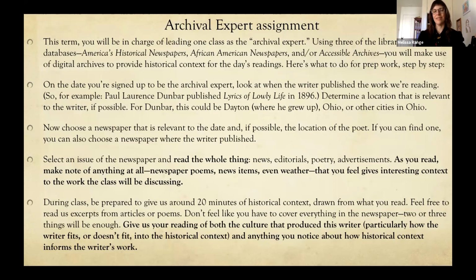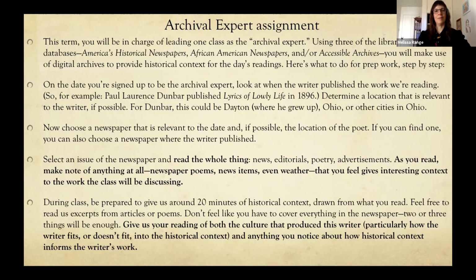So obviously I would tell the student first, try to find a newspaper, a Black newspaper from 1896. And then if possible, determine a location that's relevant to the writer. So Dunbar grew up in Dayton, Ohio, and we'll see that what has been found here by the student is a newspaper from Cleveland, which is not too far.